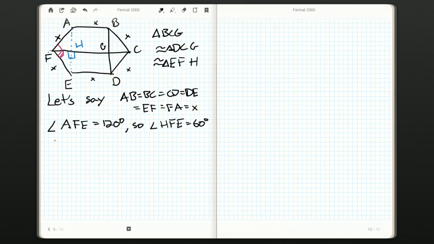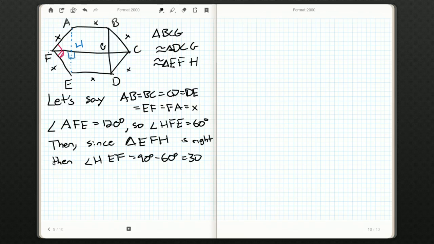And that means, since triangle EFH is right angled, then angle HEF is 90 minus 60, which is 30 degrees.